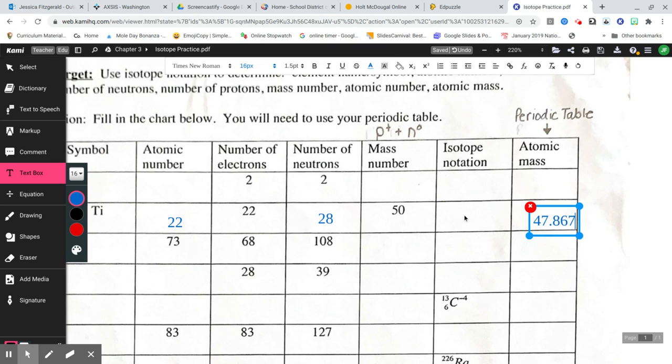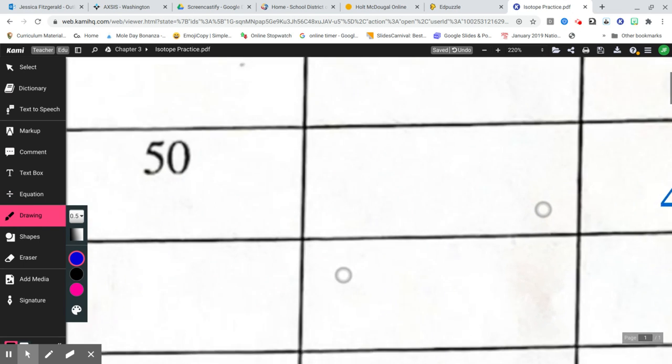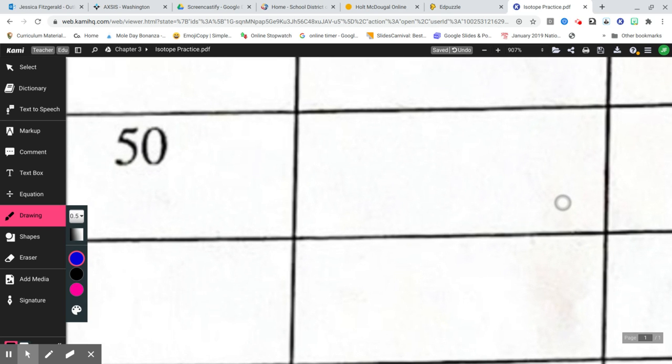Okay, so when we write the isotope notation, this is where you're going to write the element symbol. You're going to put the mass in the upper left-hand corner.